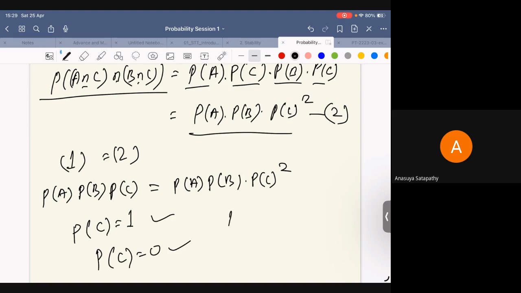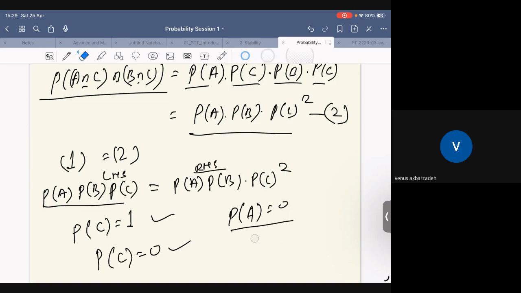What if P of A is equal to 0? So this side is the left hand side and this is the right hand side. So if P of A is equal to 0, then 0 equals 0, can it be equal? Yes. What about P of B equal to 0? Yes.